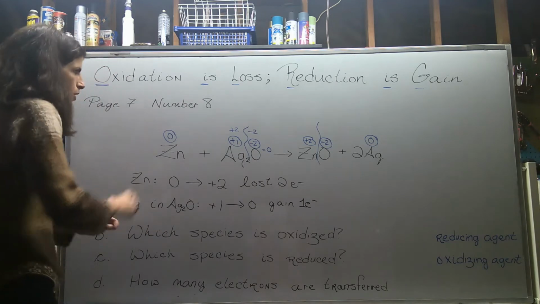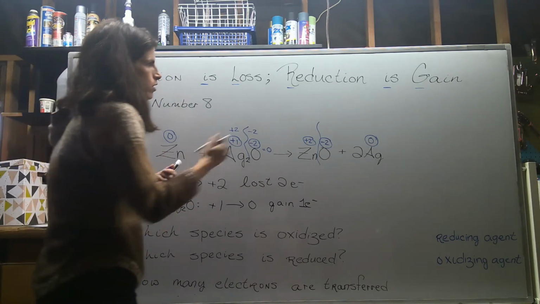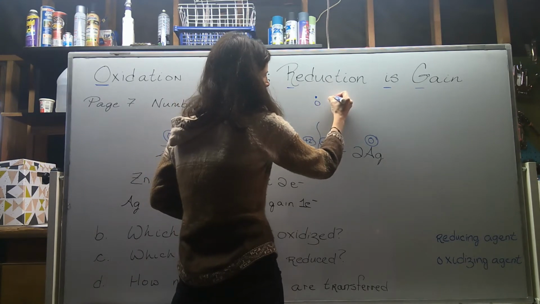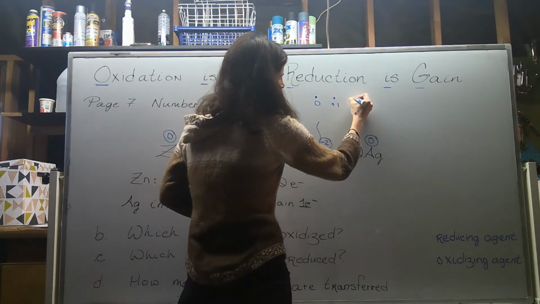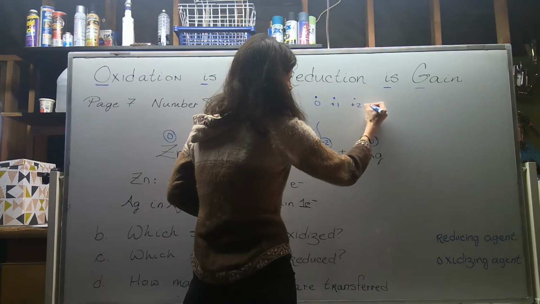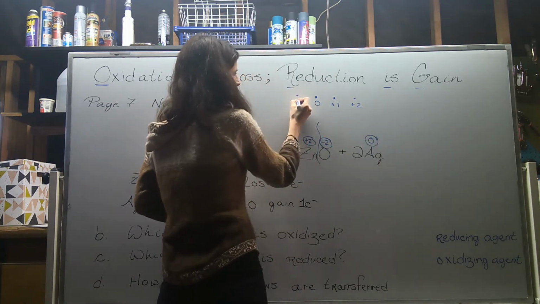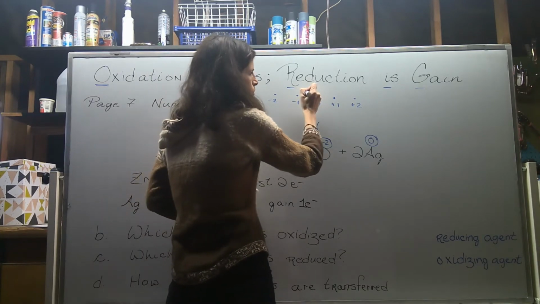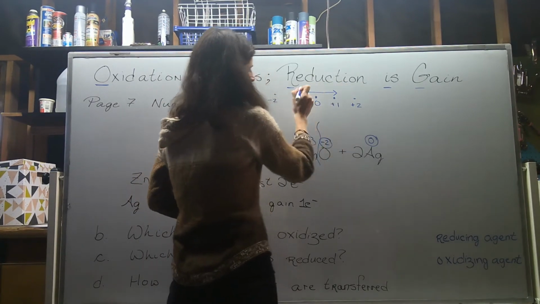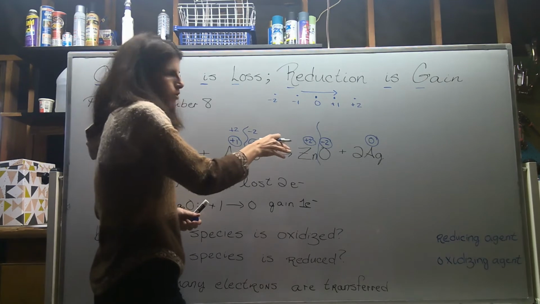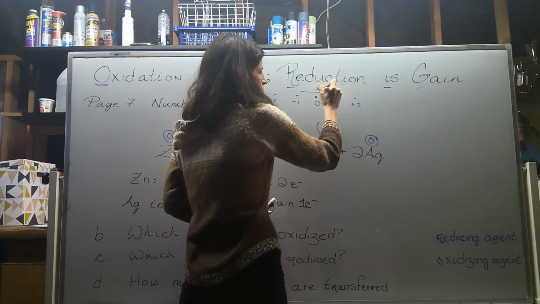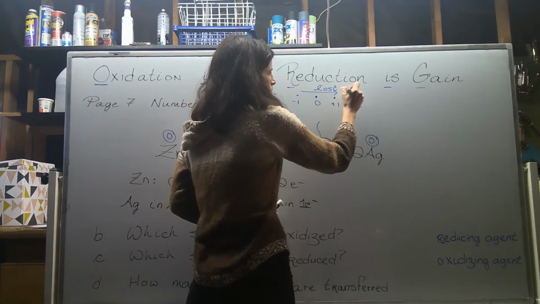And I know that could be a point of confusion, so let me just do a little picture to help us remember. If you have a number line, 0, +1, +2, we'll do -1, -2. If something goes in this direction, so it starts as a -1, it turns into a +1 or whatever, if it goes to the more positive, this means it lost electrons.